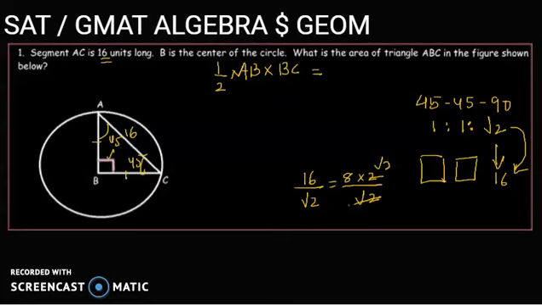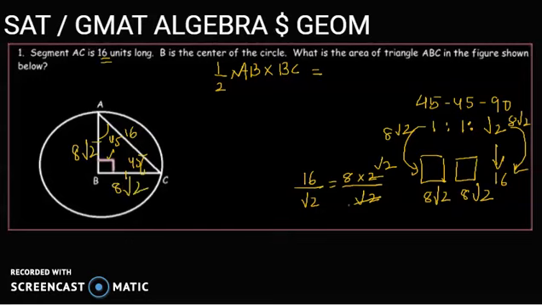Cancel it, you get √2. That means it is 8√2 times √2, that gives you 16. So multiply 1 by 8√2 and you get 8√2 here, 8√2 here. So these two sides are 8√2 and 8√2.